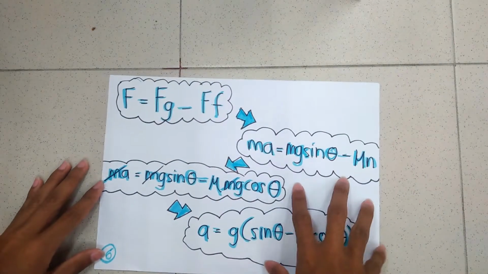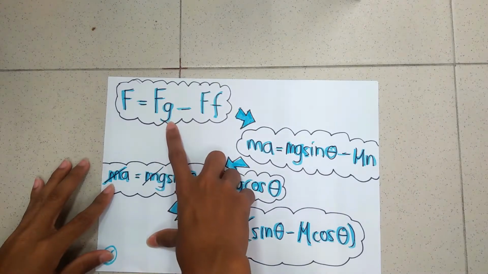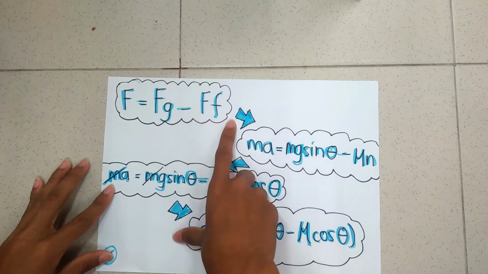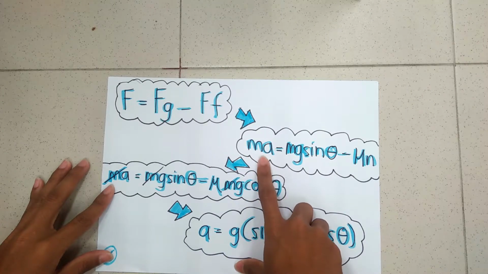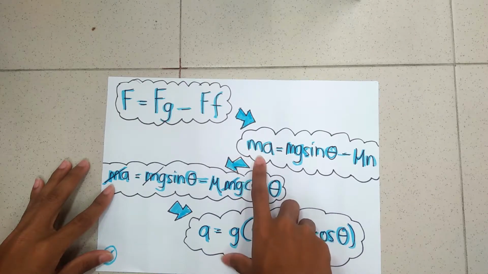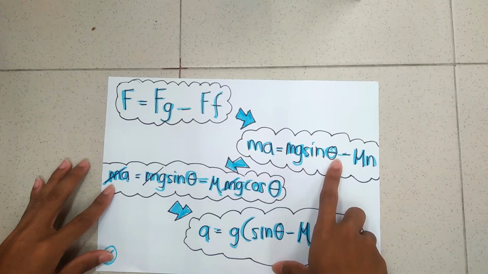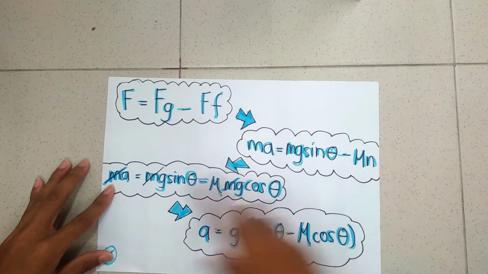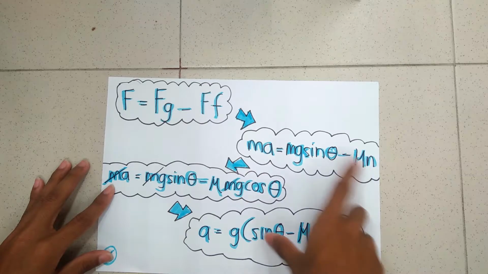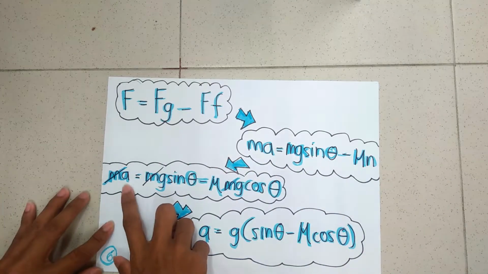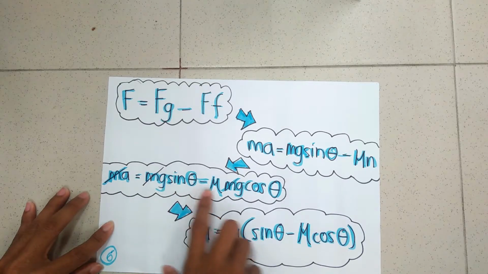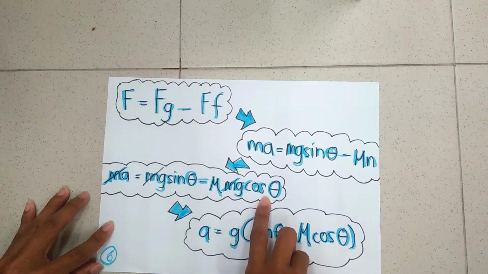We use the formula F equal to F gravity minus F friction. When we expand, we get F equal to ma. So ma equal to mg sin theta minus mu N. Then we expand it because N equal to mg cos theta. Then we get ma equal to mg sin theta minus mu mg cos theta.